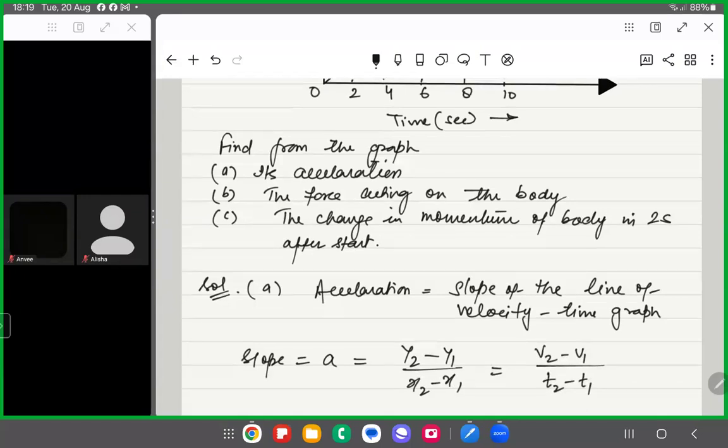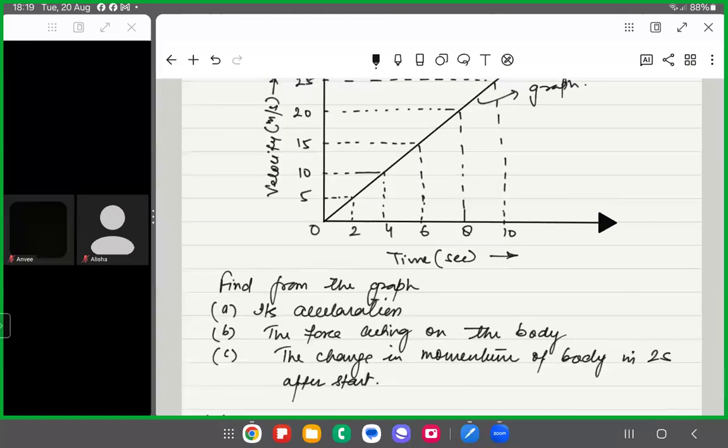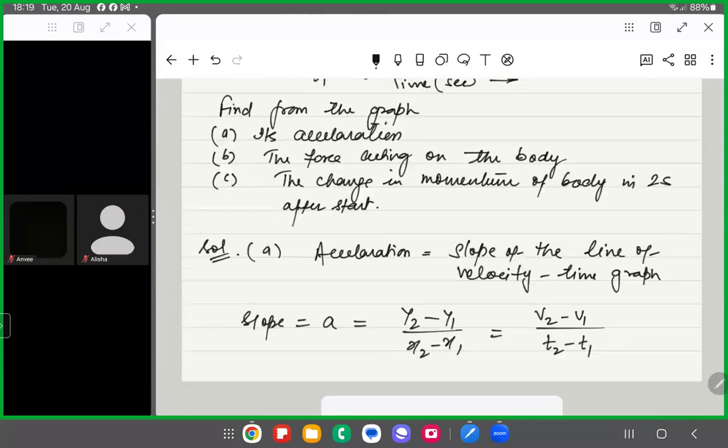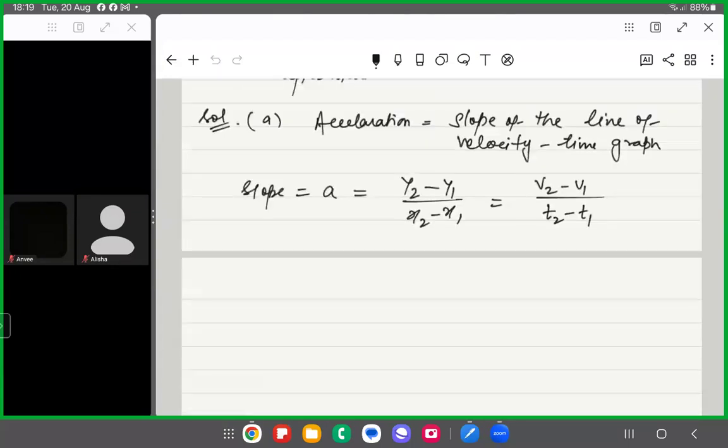Now you can pick any two values. Suppose you are picking this as v2, 5, and 0. So this is v2, this is v1. Now the value of time corresponding to v2 will become your t2. This will be t2, and this is your t1. So v2 is 5, and v1 we are taking as 0, so 5 minus 0.